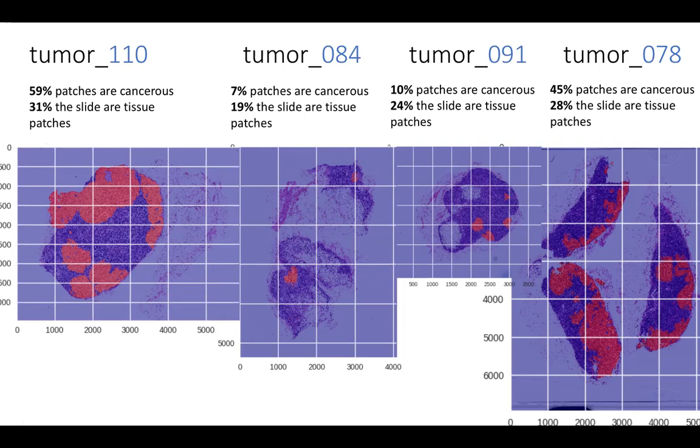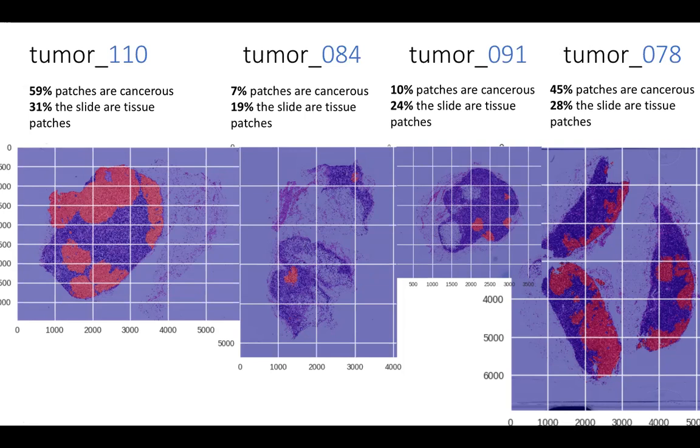I defined tissue patches to be those patches where over 50% of the pixels are tissue. I set the cutoff line to be 50. Only those patches with over 50% tissue percentage will be considered as data points.